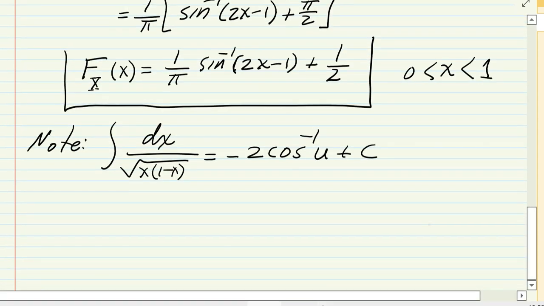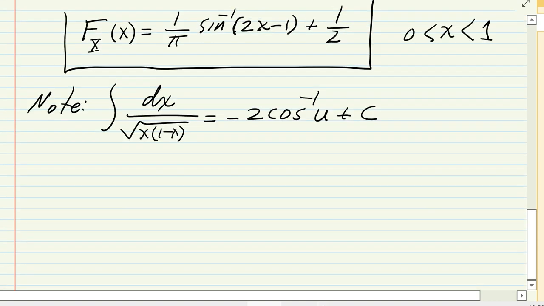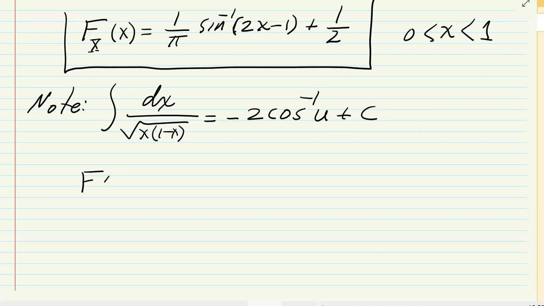So if we go with this version of the integral, then the cumulative distribution function is going to be 1 over pi times -2 arc cosine of square root of x.